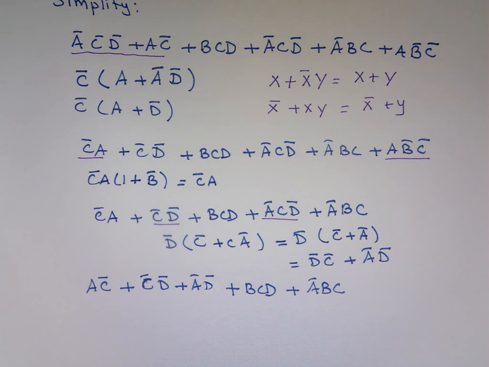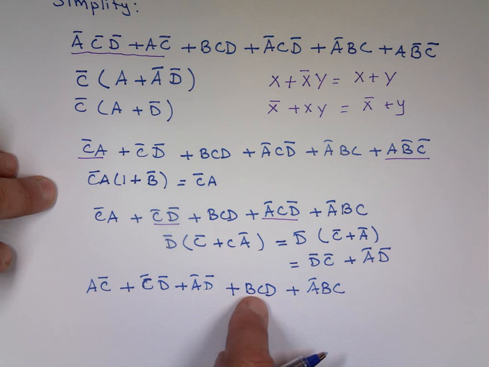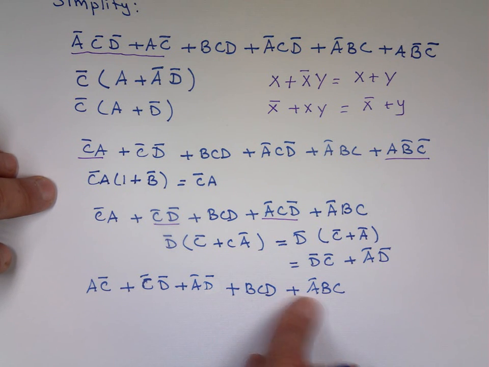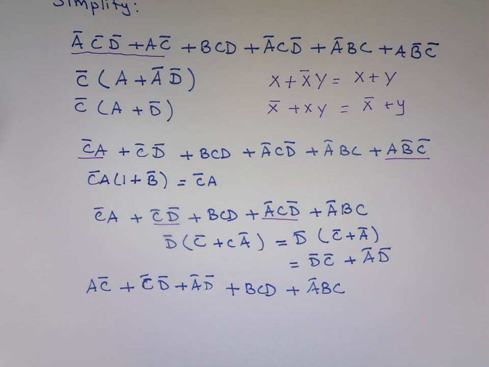Could you do the first and last? First and last, nothing common. Oh yeah, A. I didn't do this. Yep. What else? BC here. You end up with D and A B bar. Doesn't help me. In terms of simplifying, it looks like that's as far as we can go with it.